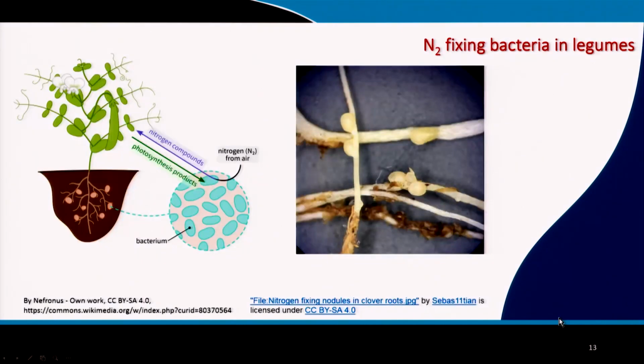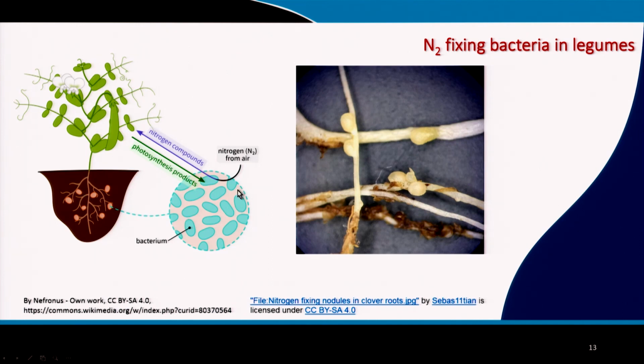Here we have some graphics about nitrogen fixing bacteria in legumes. These nitrogen fixing bacteria can be present in both leguminous as well as non-leguminous plants. What you see here in the first graphic are the nodules, which contain the bacteria that infect the root system of these plants.